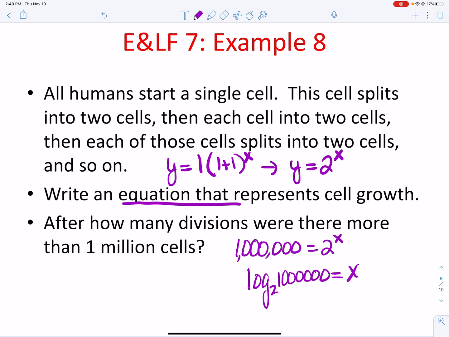And my answer is 19.93 splits. So basically, to be more than 1 million, it's going to take 20 splits. Let's be realistic, right? It's going to take 20 splits. Now you can check that by doing 2 to the 20th, which comes out as 1,048,000. So that kind of tells you that that's right.